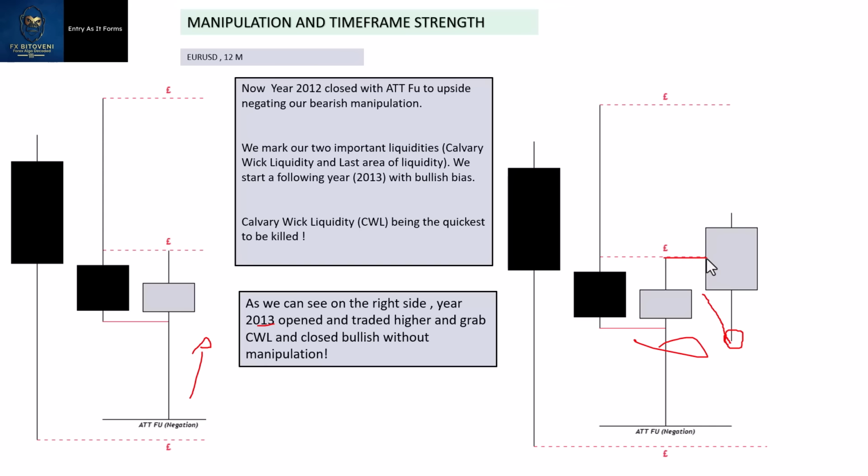That liquidity. Can you see that? Then it closed with a clear bullish move. So there is no manipulation here, right? We are still bullish, because there is no manipulation that was formed here. We start a new year with bullish in mind.